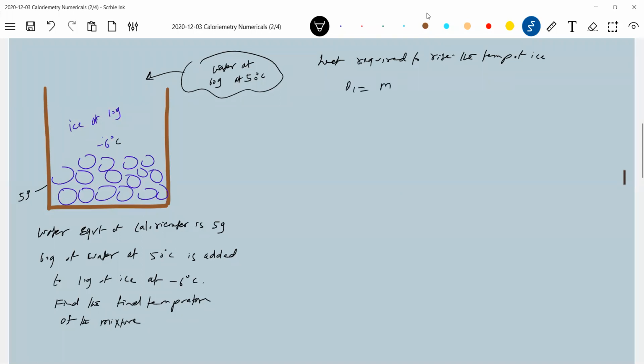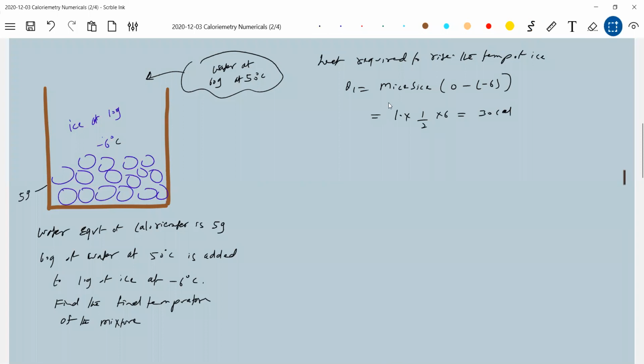So Q1 is equal to specific heat of ice into 0 minus of minus 6. Mass of ice will be 10, specific heat 1 by 2, and this is 6, so this will be 30 calories.